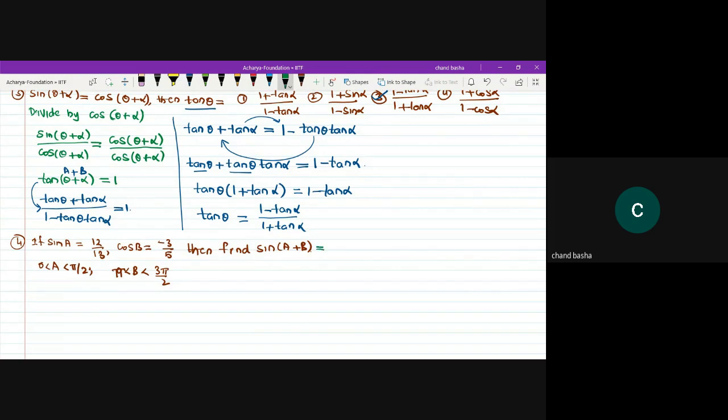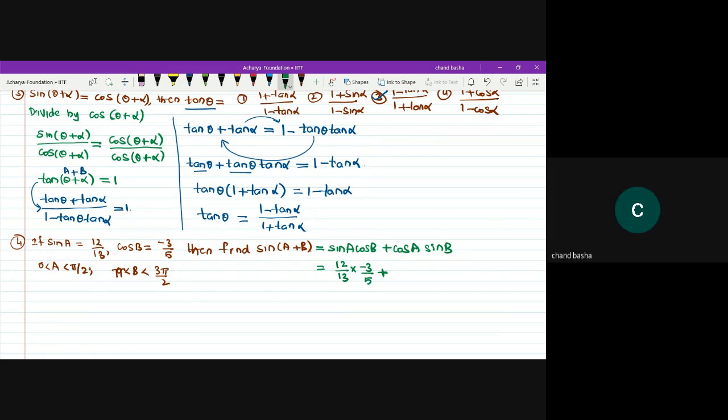I can use the formula: sine of A plus B means sine A cos B plus cos A sine B. Sine A is given as 12 divided by 13, and cos B is given as minus 3 divided by 5. Cos A and sine B are not given.